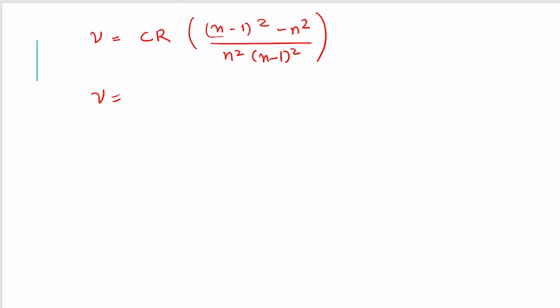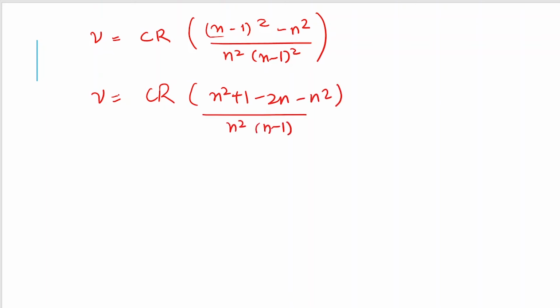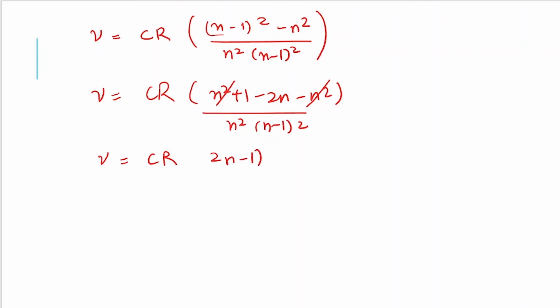So we have to solve this: n square plus 1 minus 2n minus n square. We have to do this simple mathematics. Simplifying this, we get 2n minus 1 over n square times n minus 1 whole square.